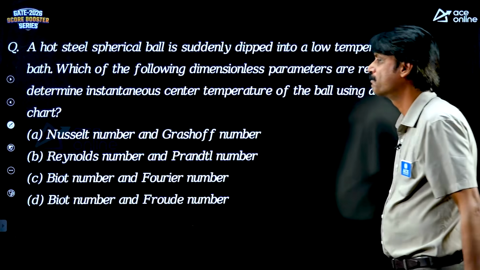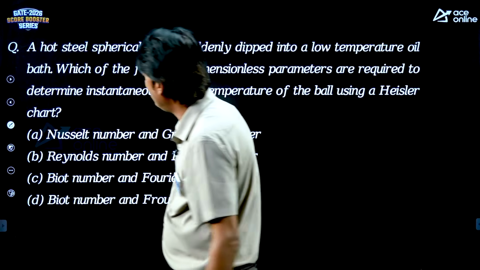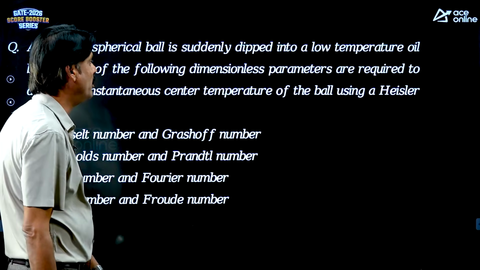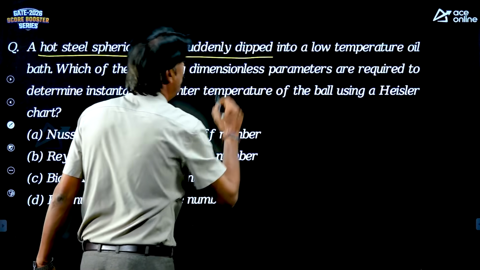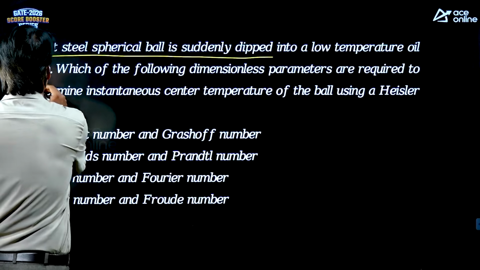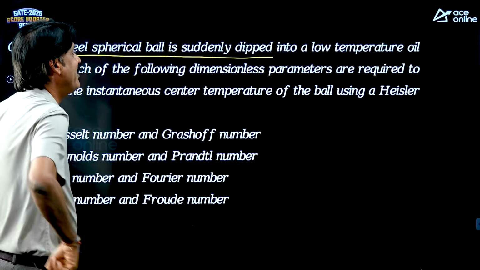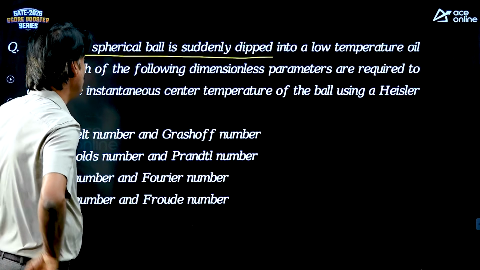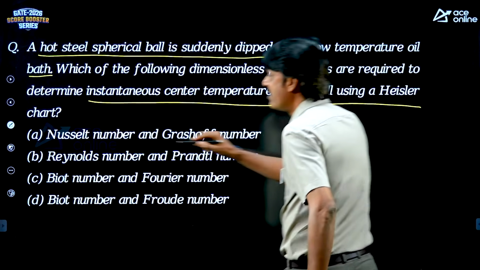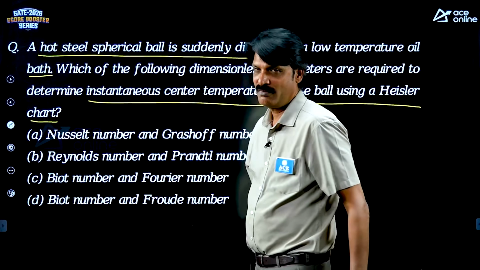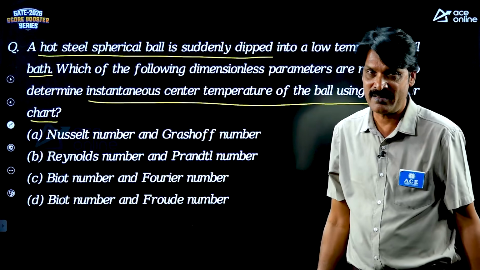Next, he is saying that a hot steel spherical ball is suddenly dipped into a low temperature oil bath. Very good. Which of the following dimensionless parameters are required to determine the instantaneous center temperature of the ball using the Heisler chart? Now, this was an addition to the syllabus in the recent GATE examination.